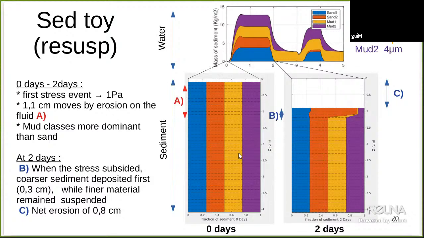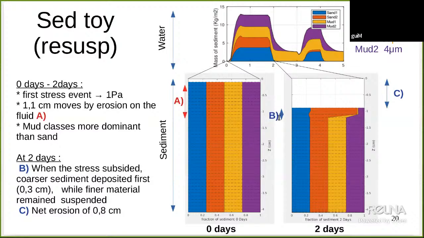We are going to erode, and that means that if you look on the right, it's the result of the stratigraphy 2 days later. We have a change beginning at 1.2. We have a change of fraction of each sediment.